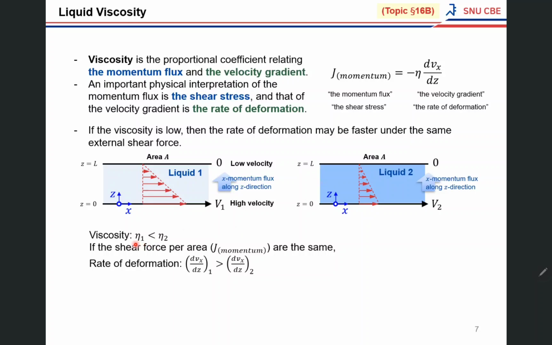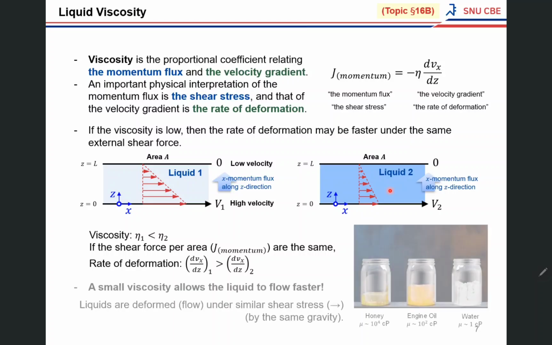In this case, the viscosity of the second liquid is higher than the first liquid. So if the shear force per area, which is the shear stress, is the same for both cases, then the rate of deformation should be larger in the first case, which means that liquid 1 is less viscous than the second liquid.